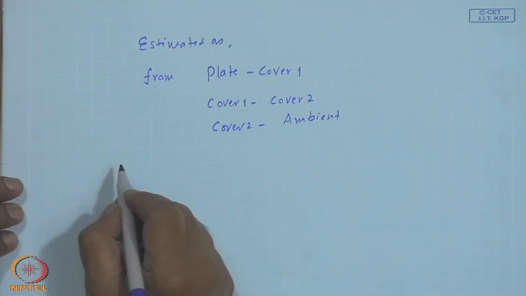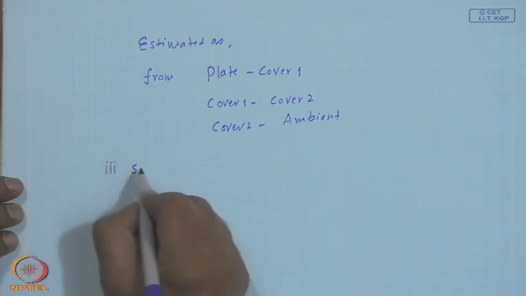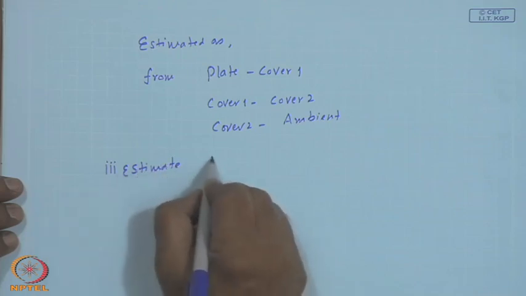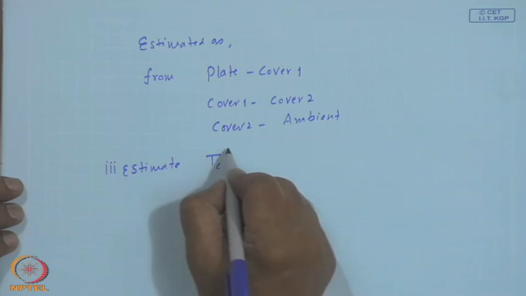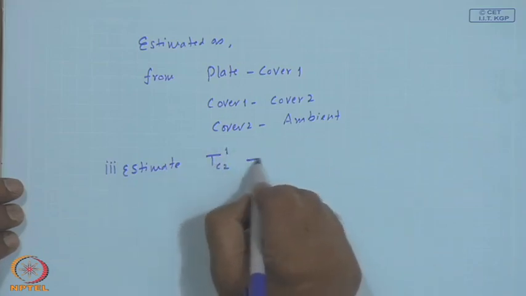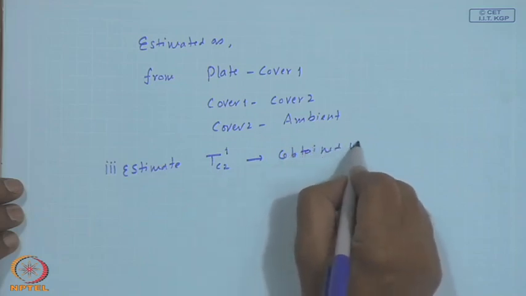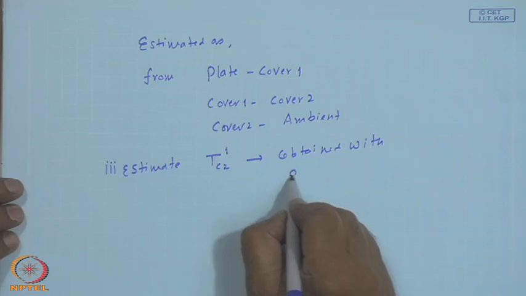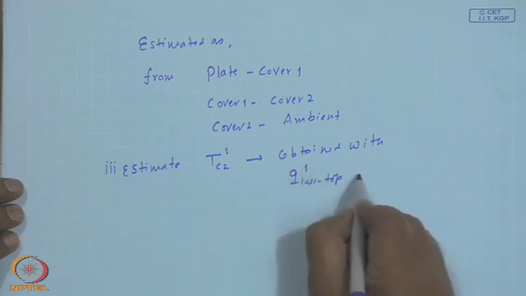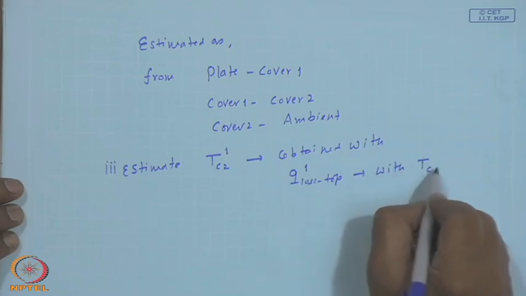So, let us estimate this Q loss top; it will help us estimate Tc2. Again I will qualify it with a superscript 1, that is Tc2^1, obtained with Q loss top 1 with Tc1^1.